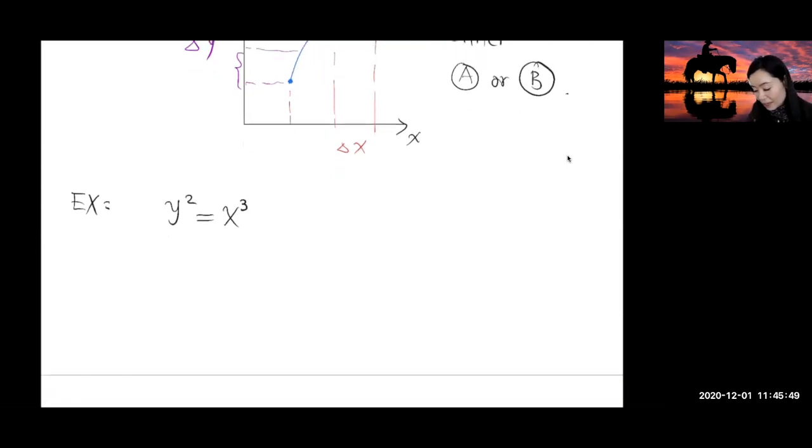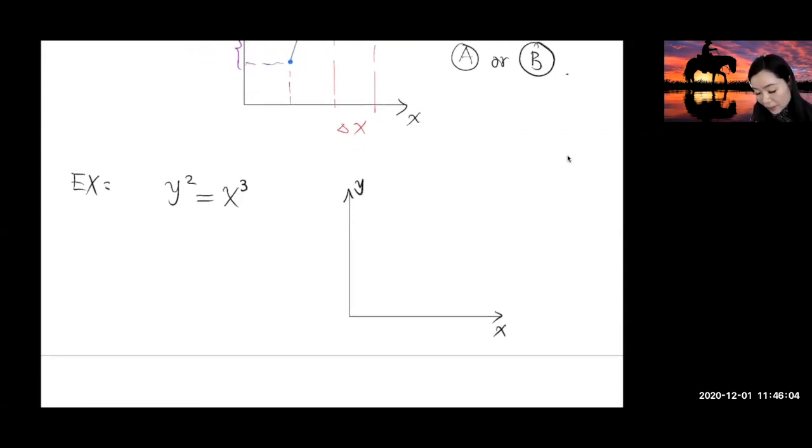Now, let me graph this for you. So x-axis and the y-axis. In the first quadrant, the graph is going to be like this, like that, passing the point 1, 1.